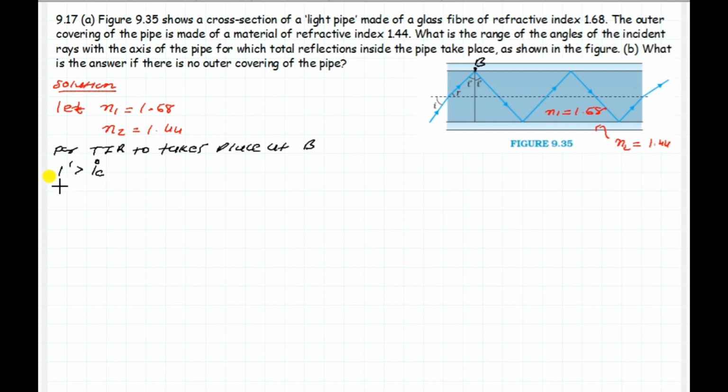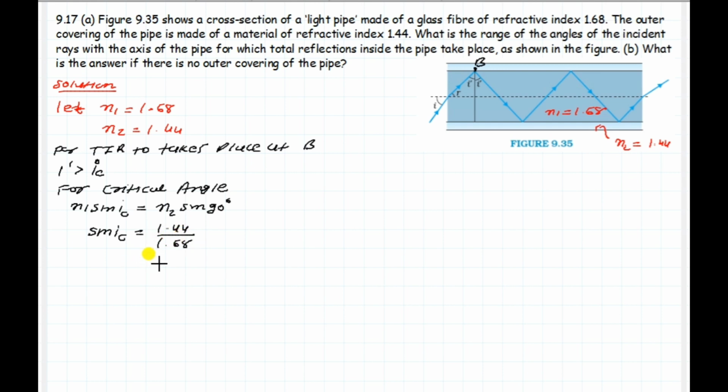So for the critical angle, we can say n1 sine IC is equal to n2 sine 90. So sine IC is equal to n2 by n1. N2 is 1.44 and n1 is 1.68.